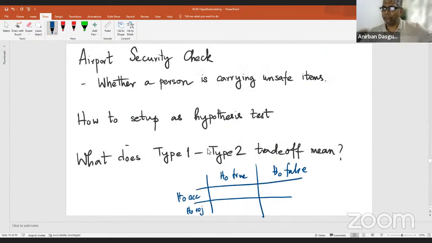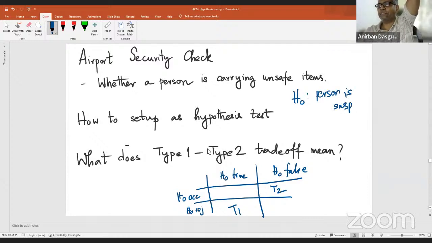Well, let's forget the names. How would you set this up as a hypothesis test, and what is the type 1 versus type 2 trade-off? What is the null hypothesis? What is the test statistic? Would you say that H0 is that the person is suspicious, or H0 is that the person is not suspicious?